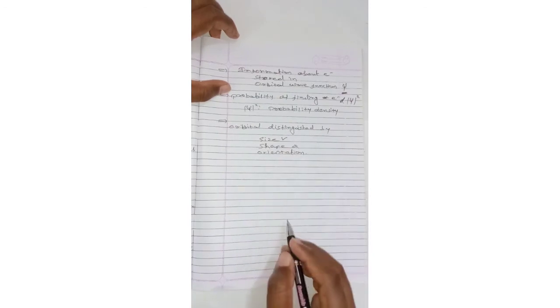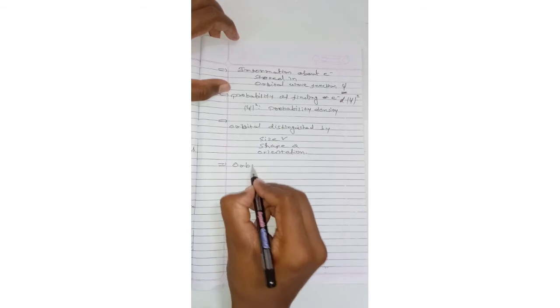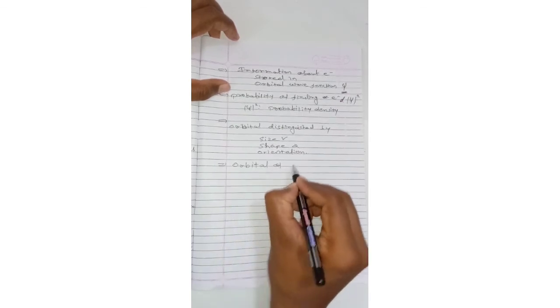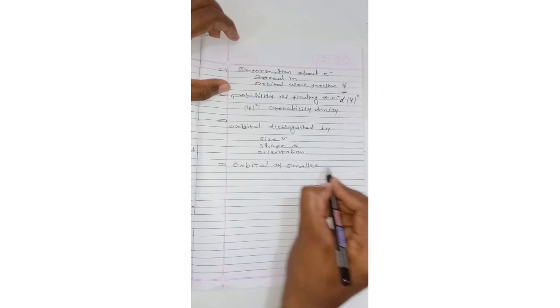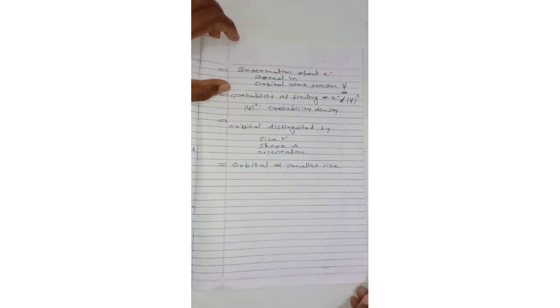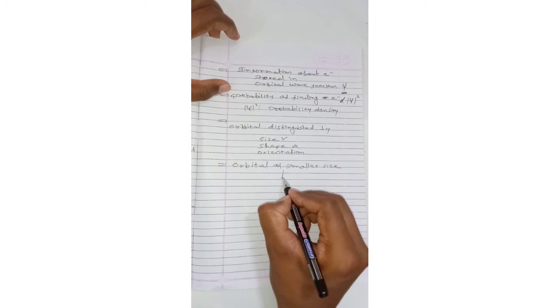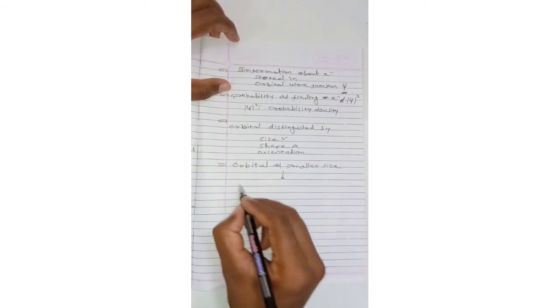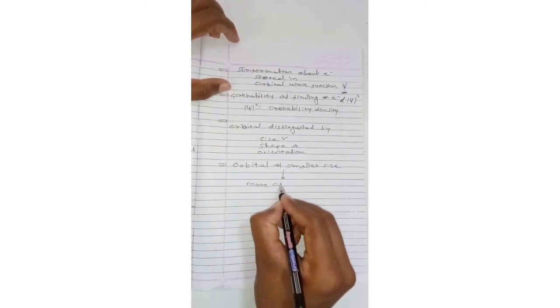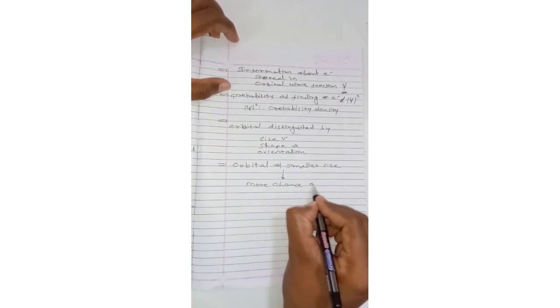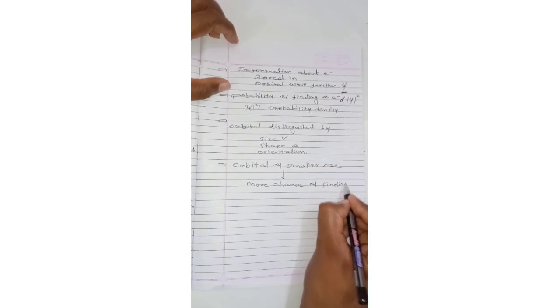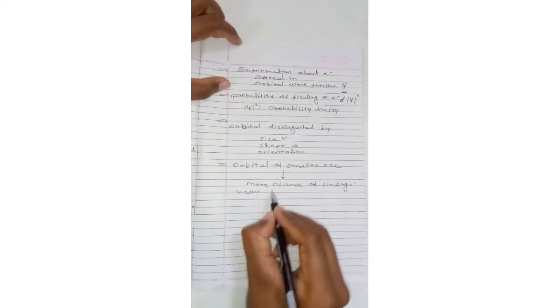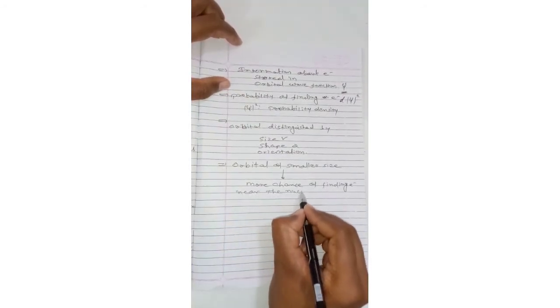First of all, let's see size. For an orbital of smaller size, there is more chance of finding electrons near the nucleus.